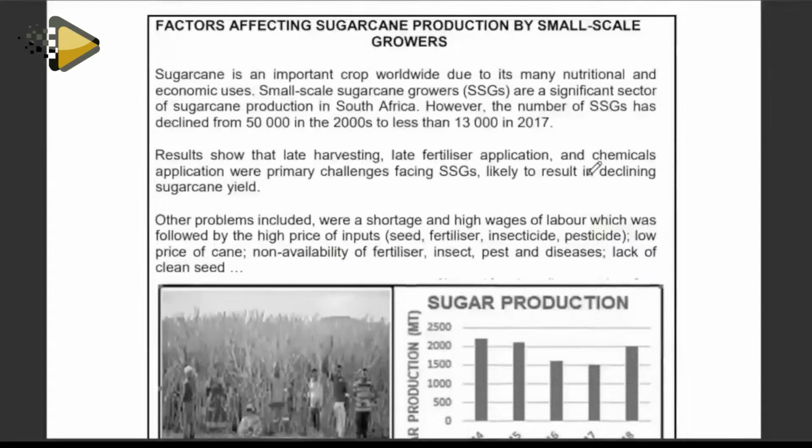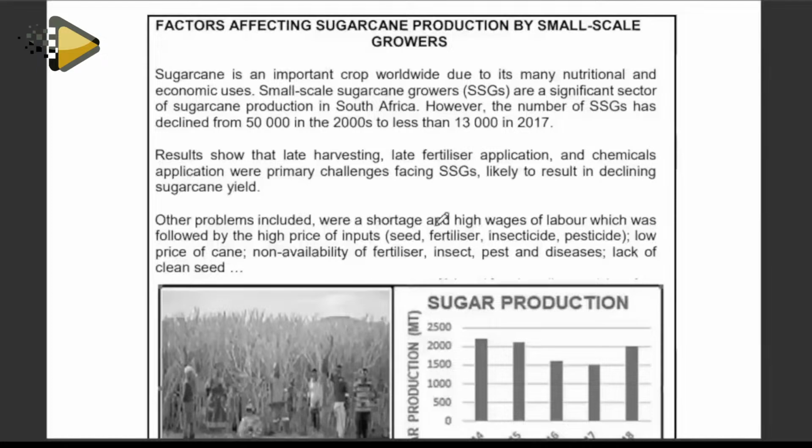So if we go to our extract, we want to try to identify natural factors which have impacted on the production of sugarcane. It's declined from 50,000 in 2000 to less than 13,000 in 2017. Results show that late harvesting, late fertilizer application, and chemical application were primary challenges facing sugarcane, likely to result in declined sugarcane yield.